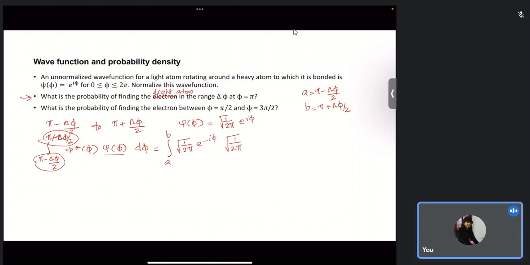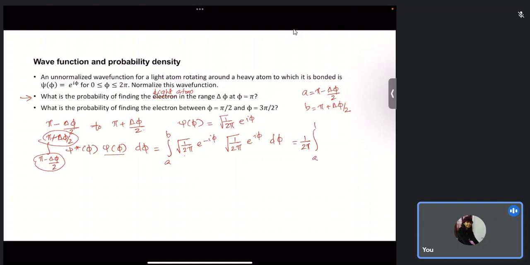Psi of phi is given by root 1 by 2 pi e raised to i phi into d phi. We take the 1 by root 2 pi outside the integral, and since there are two square roots of 1 by 2 pi, this becomes 1 by 2 pi.